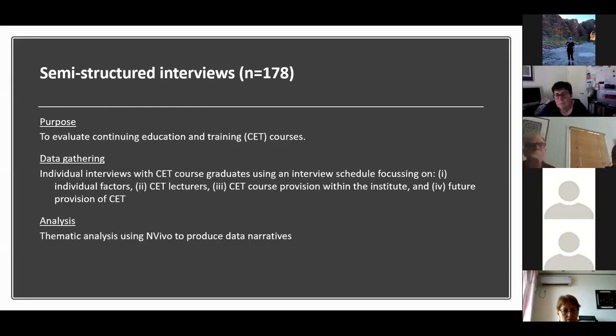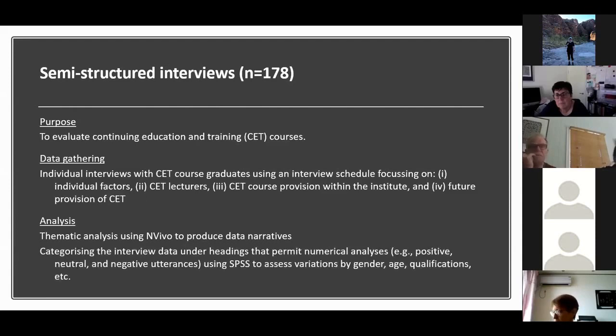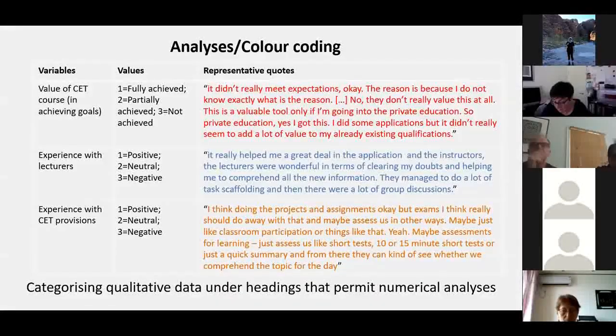We start with traditional analysis of interviews, thematic analysis using NVivo to produce data narratives. Then we categorize these interview data under headings that permit numerical analysis, to assess their experience as positive, neutral, and negative, so that we can use the numerical weighting to assess variation by gender, age, qualification, and so on. This is an example of how we code those variables as positive, neutral, or negative.